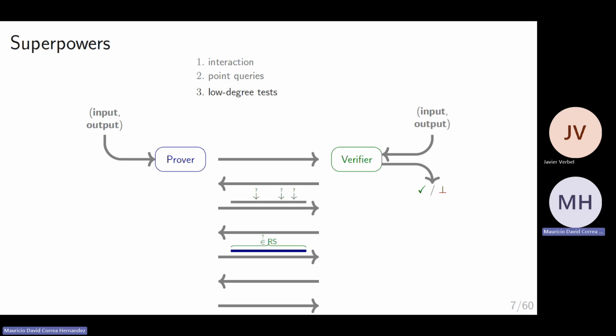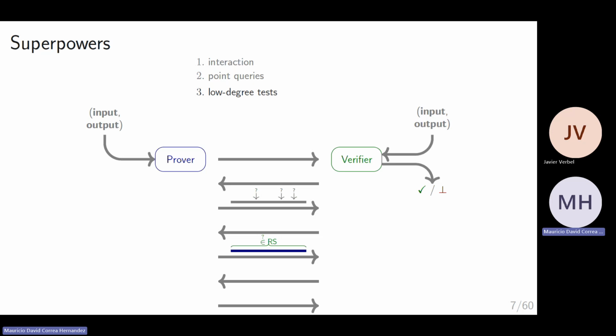The next superpower is low-degree tests. So now this vector either belongs to a special family called a code, or it doesn't. And the verifier can test this membership. And in the specific case of STARKs, we're going to look at Reed-Solomon codes. Specifically, that means that the verifier gets to see, does this vector correspond to the evaluations of some low-degree polynomial on a given domain?